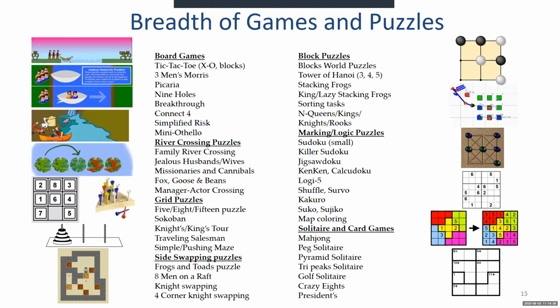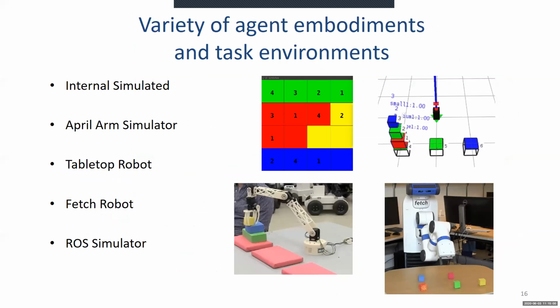So we're able to learn board games, river crossing puzzles, grid puzzles, side swapping puzzles, block puzzles, marking and logic puzzles like Sudoku, as well as solitaire and card games. And there's a link I'll share at the end where you can look into these in more detail. But using these strategies, we're able to learn a large number of games and puzzles.